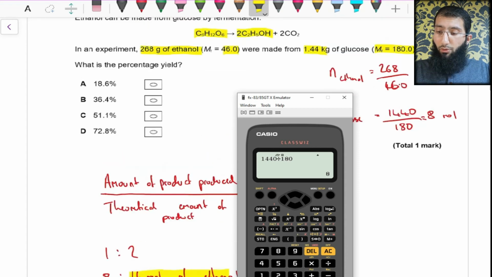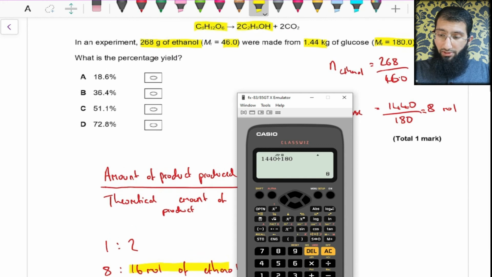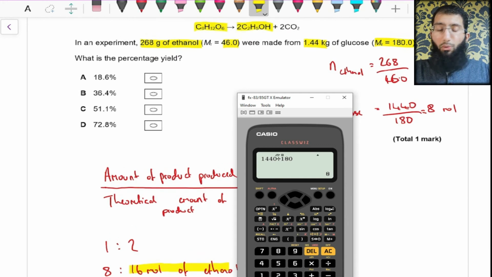I've worked out what my actual moles of ethanol is, and we're simply going to pop it into the equation and see what we get for the answer.